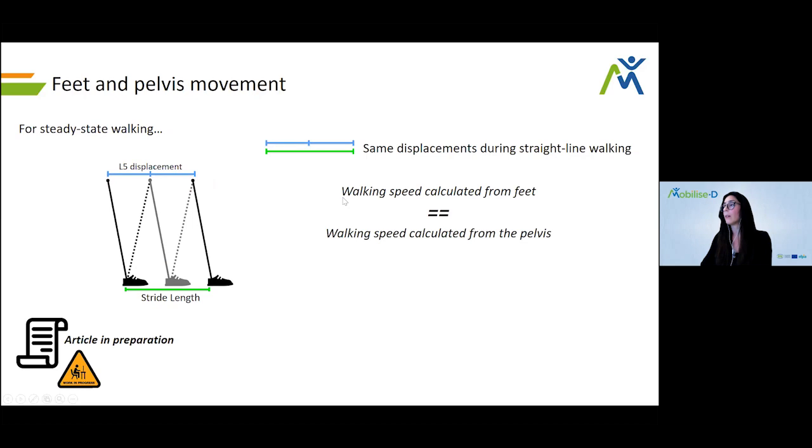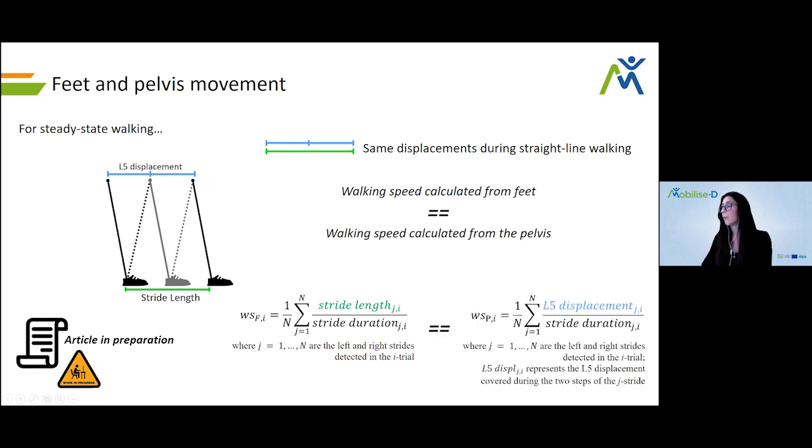And in particular, for Mobilise-D, the walking speed is going to be calculated as the average stride speed. And similarly, we can quantify the same information. Instead of using the stride length, we can use just the displacement of the pelvis. So we are going to characterize how quickly the pelvis moves for each stride.